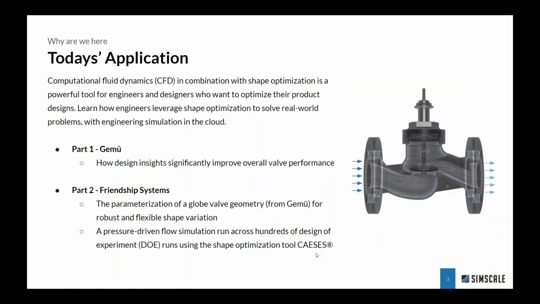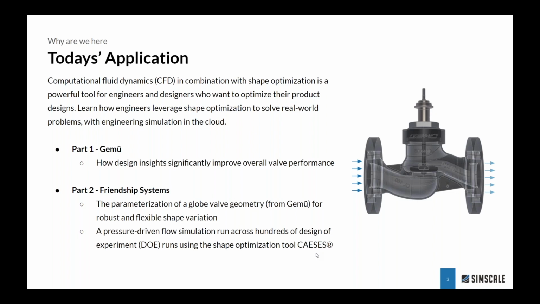What we're going to talk about today is the valve that you see on the right-hand side. And we're going to look at how engineers and designers can leverage shape optimization to solve real-world problems with engineering simulation in the cloud. So I've got 2 slides after this talking about SimScale, and then I would hand over to Marco at Gemu.